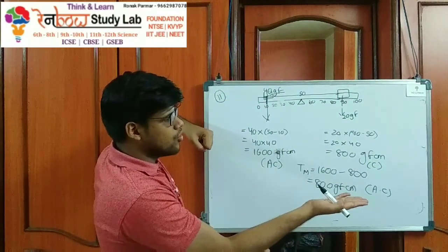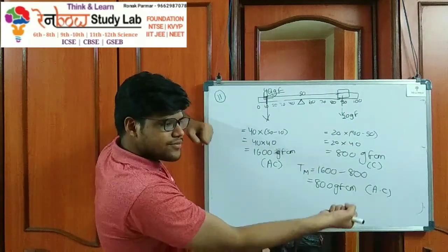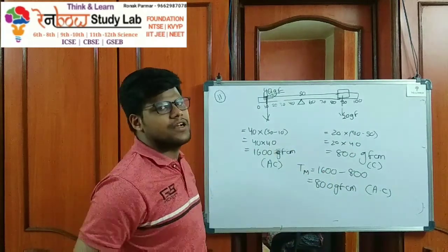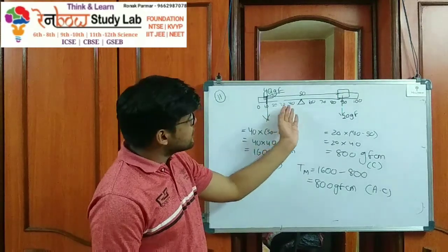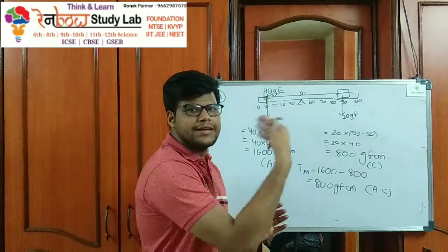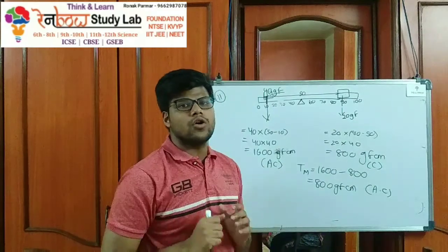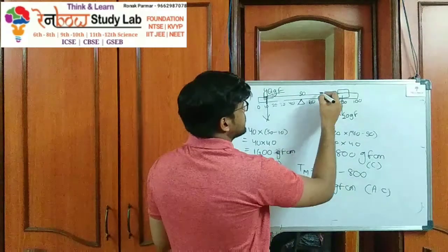You need to apply some load in clockwise so that the clockwise and anti-clockwise cancel out. So you need to apply a load of 40 GF. Obviously, it will be on the right hand side because right hand side downwards will be clockwise. So we will apply 40 GF somewhere.